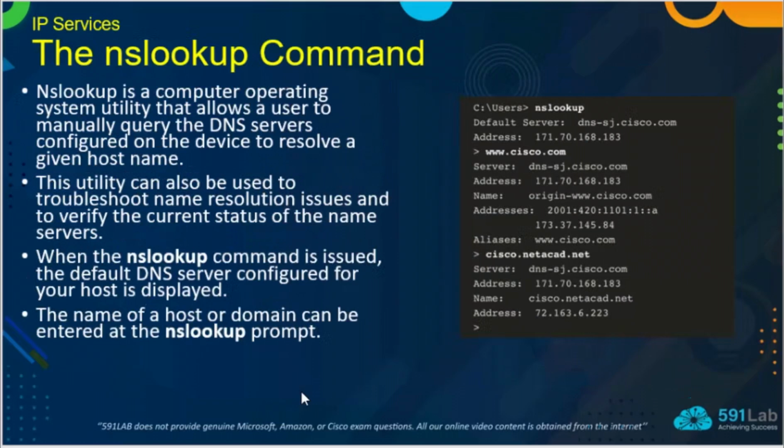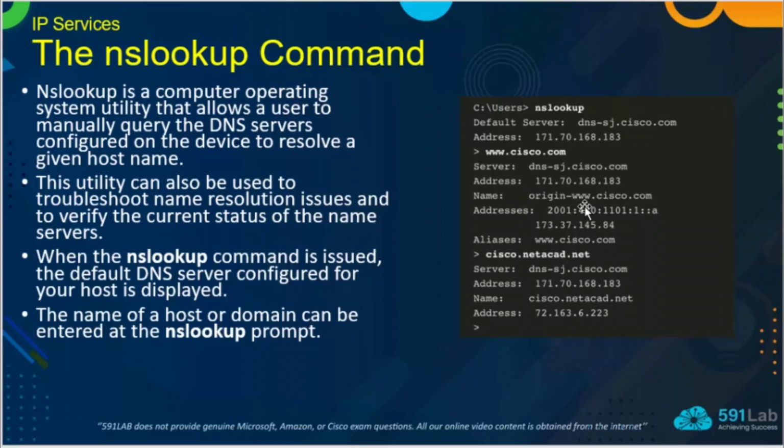If I just know the fully qualified domain name and I want to know the IP address, we have a tool called nslookup. I can type nslookup and then put in the fully qualified domain name. You can see here it gives me the server that is hosting that particular site, and the address attached to it, the names and the addresses in IPv4 and IPv6, from the records that we have.